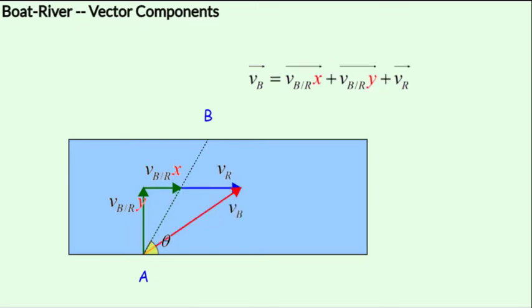Now in our original formula, we make the substitution for the vector VB with respect to r in terms of its x and y components. The reason we resolve the vector into components here is because once we have the vectors in the x and y components, we can set up the equations of motion independently along the x-axis and y-axis, which makes problem solving so much easier.